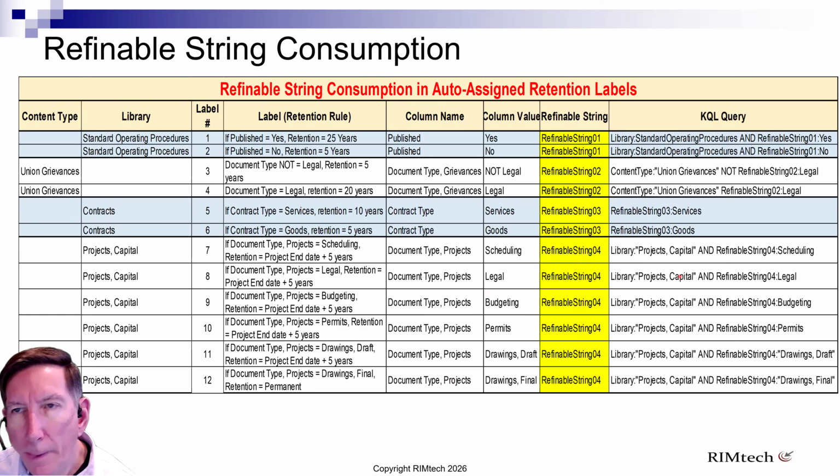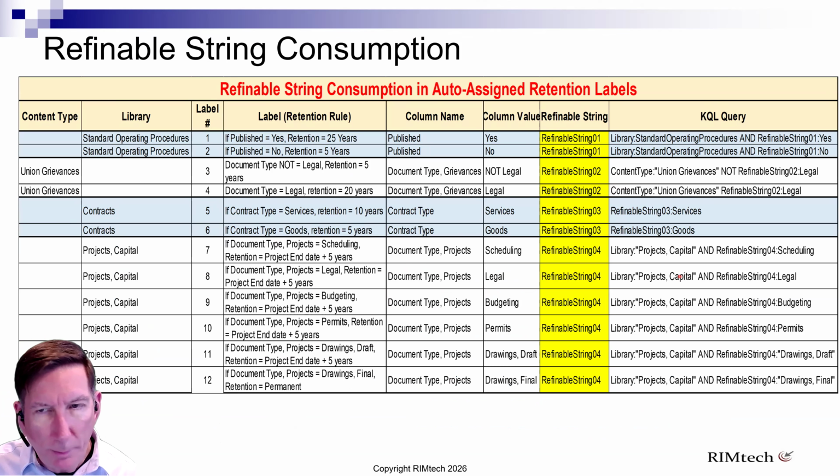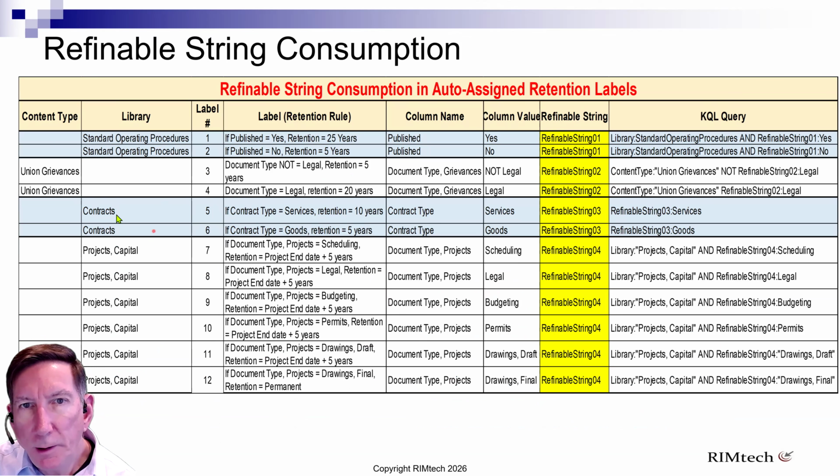So now, there's a limitation built in here of refinable strings. A refinable string is an equivalent of a crawled property, i.e. a column. Here's an example of me typing in 1, 2, 3, 4 activities, standard operating procedures, union grievances, and so on. And I wanted some content rules, right? Some auto-apply policies. So the first one I wanted, if published equals yes, I wanted a 25-year retention.